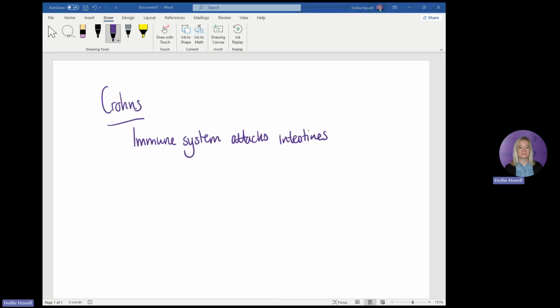You're going to have symptoms from your digestive system. So your stomach's going to hurt, diarrhea, sometimes some blood in the feces, sometimes a lot if it's a bad episode. Feel very tired because your intestines aren't working properly, not absorbing all those nutrients, and ultimately weight loss if you're not absorbing nutrients. Okay, so diarrhea. I can never spell it.